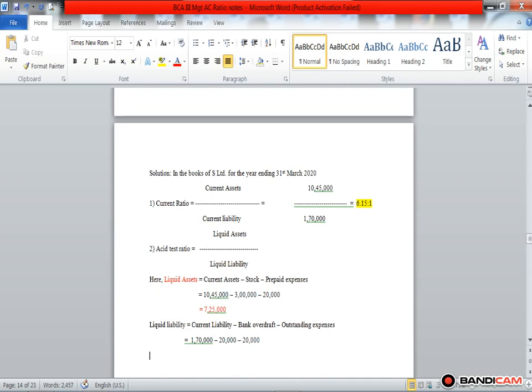So here we get liquid liability equal to 1,30,000.